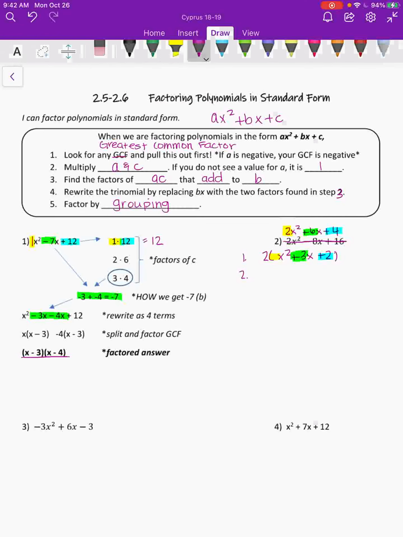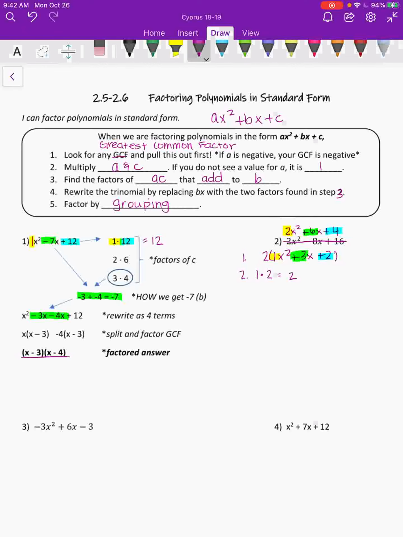But we want to now take what's in the parentheses and use that to factor. Okay? So, A times C, well, A is 1, times C is 2. So A times C is 2.